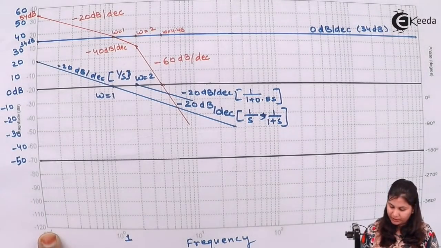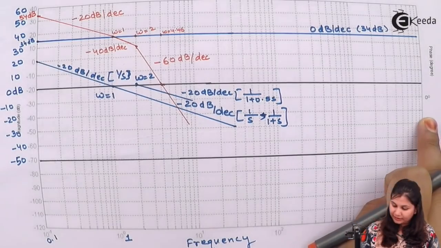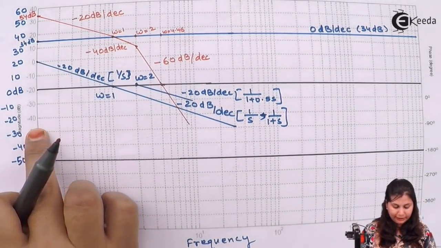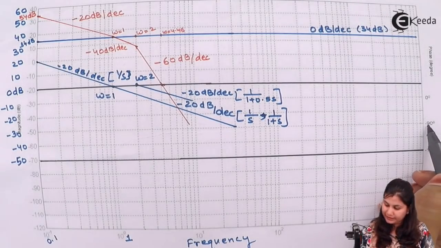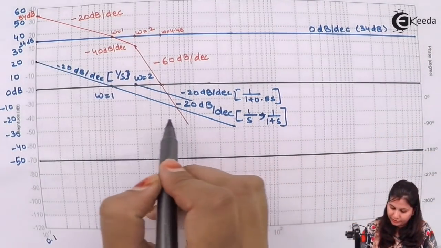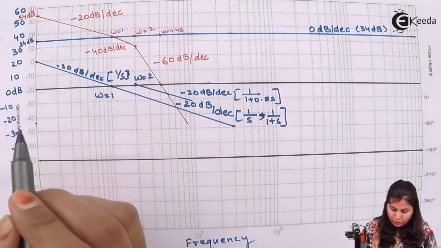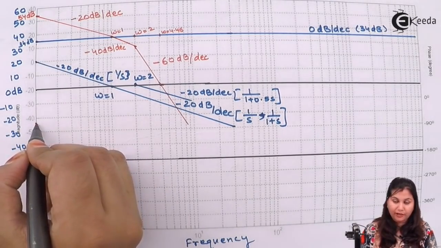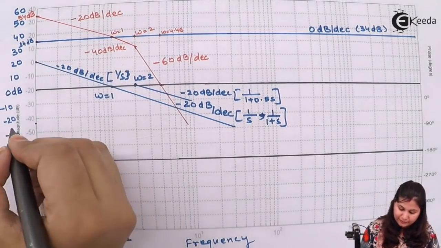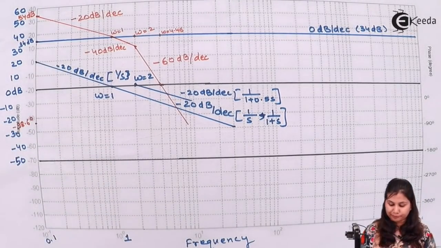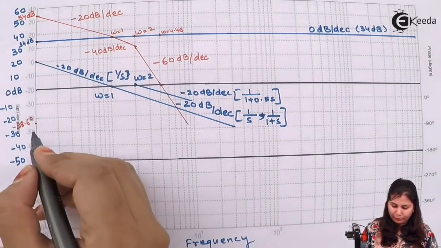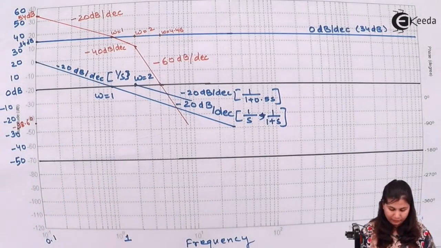So at 0.1, the phase angle is minus 98.6 degrees. So minus 90 is here. Minus 98 will be somewhat here. So the phase plot is going to start from this point, that is minus 98.6 degrees at the frequency 0.1.